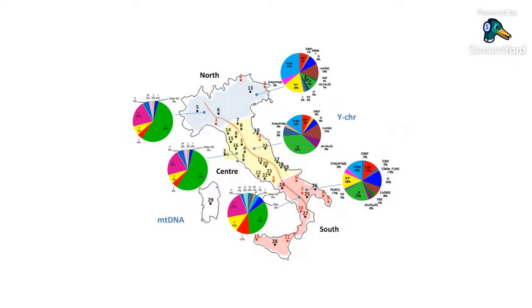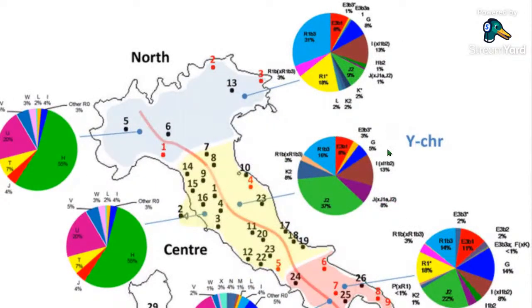There we go. We can also look at the percentages of the, we already did J2 in Italy, as well as the I. Where's the I? This is the I, the brown. So the J2 and the brown is I, I, of course, being Israel. J2 is Judaic.